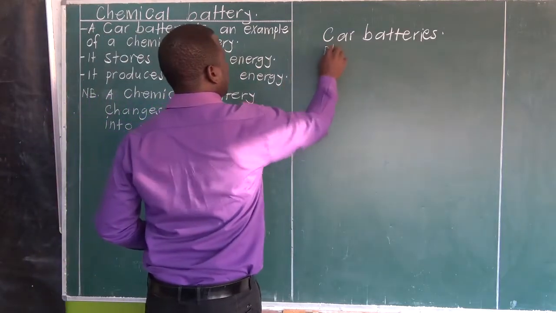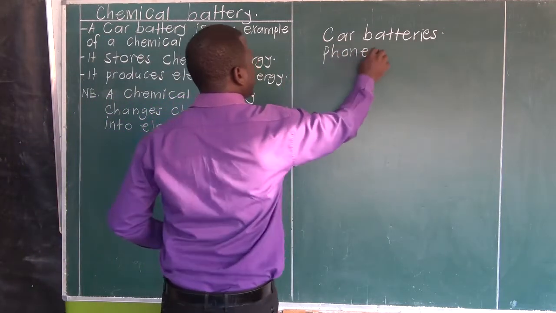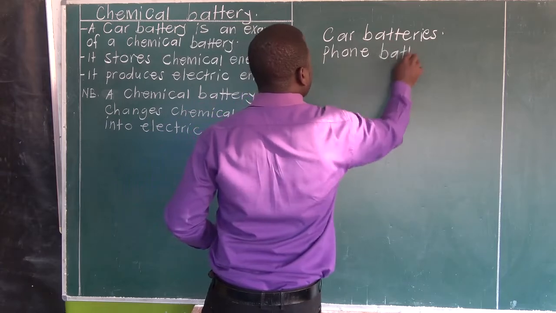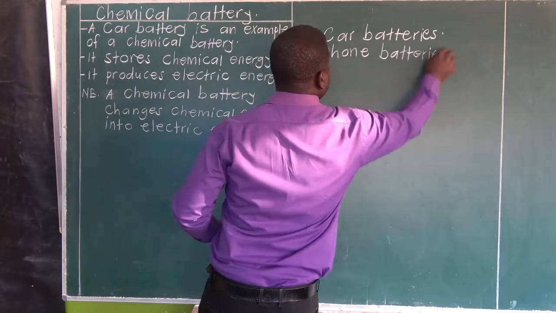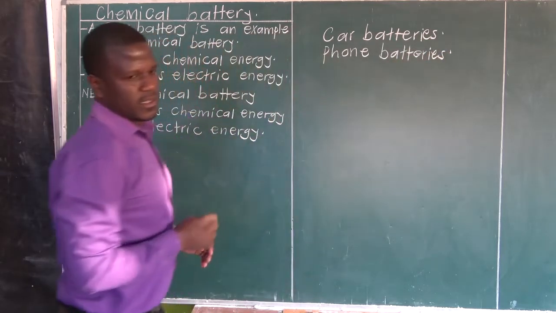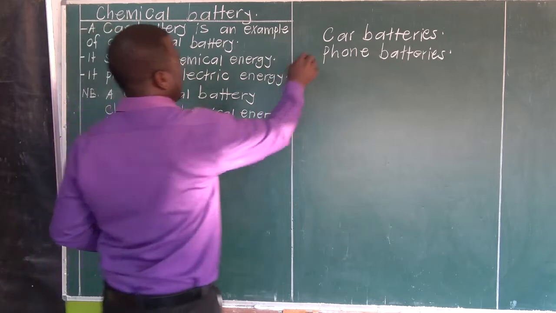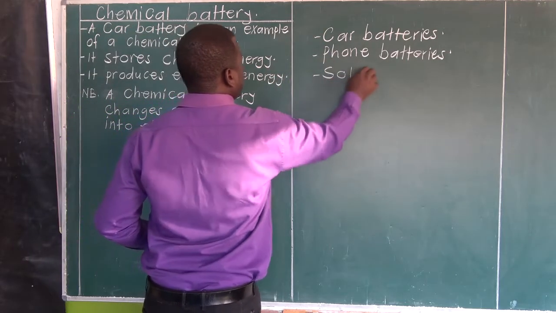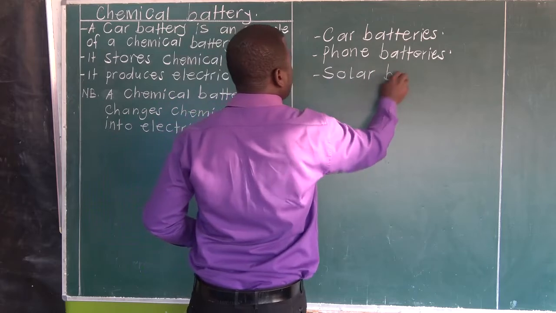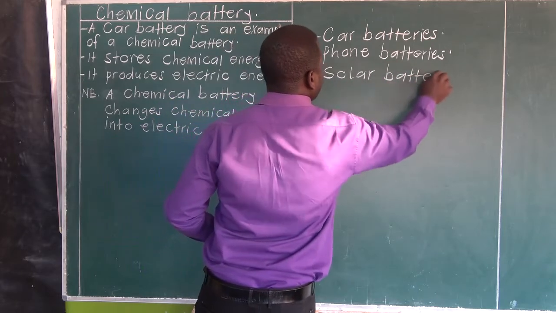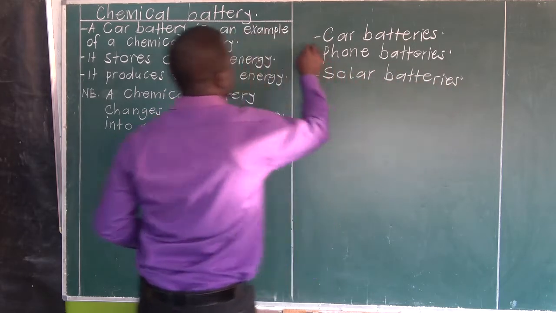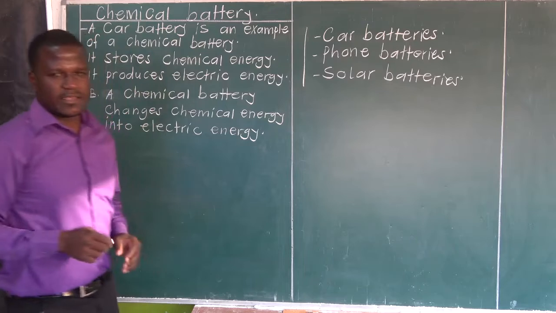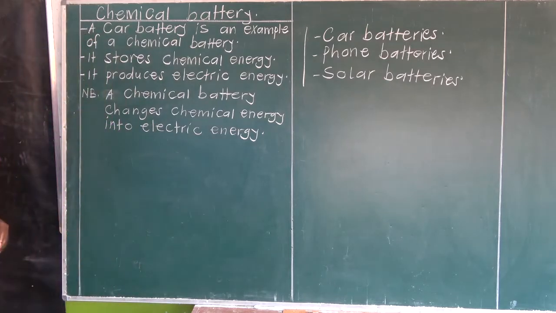We also mentioned phone batteries. Phone batteries are also examples of secondary cells. Then we also mentioned solar batteries. So, these are the three examples of secondary cells.